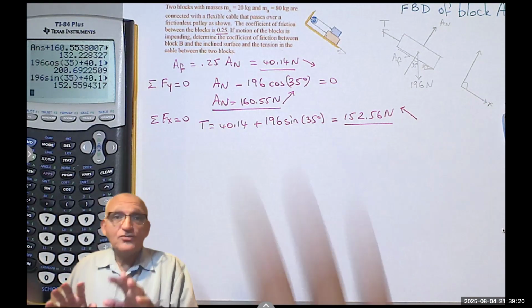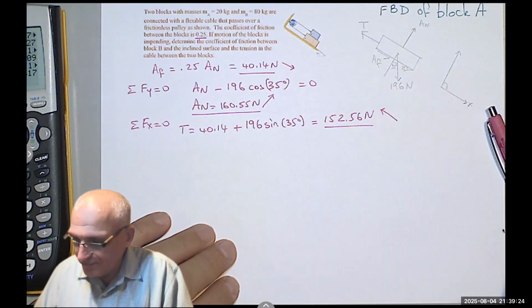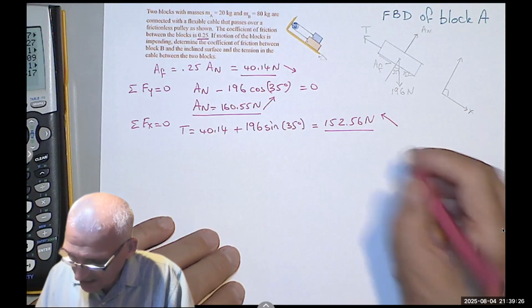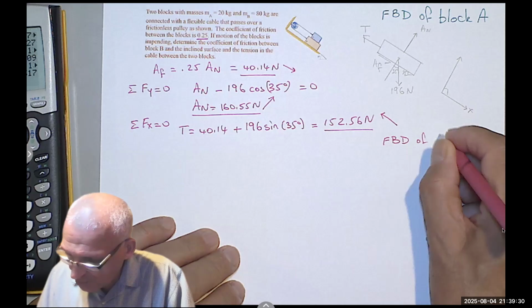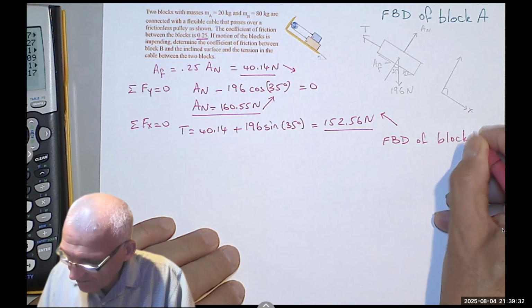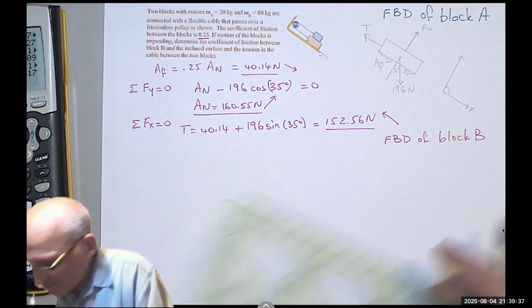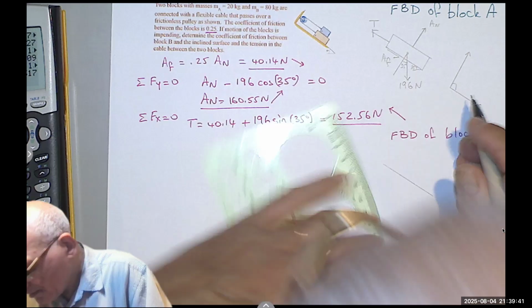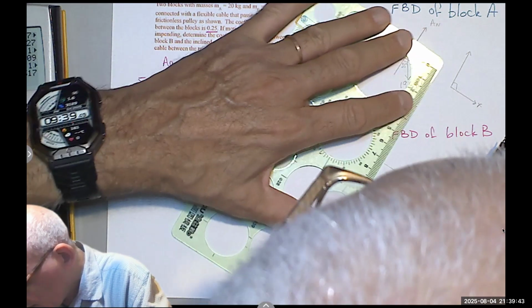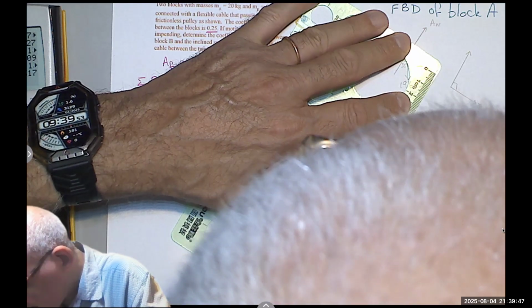So now we found all the forces acting on the top block. Now we draw the free body diagram of block B, the bottom one. Okay, let's be careful when we draw. So I have a block. Let's say roughly 90 degrees.